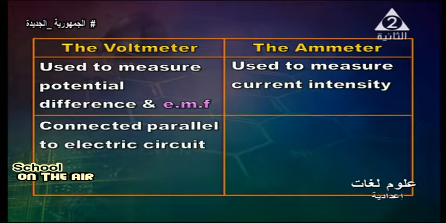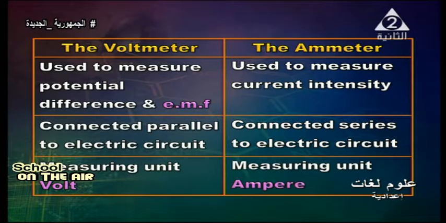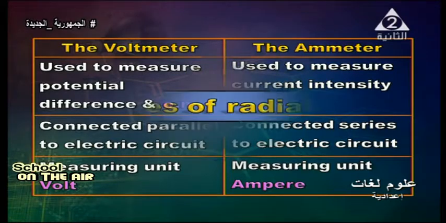The voltmeter is connected in parallel to the electric circuit, but the ammeter is connected in series. The measuring unit of potential difference or electromotive force for the voltmeter is the volt, but the measuring unit of electric current intensity for the ammeter is the ampere.